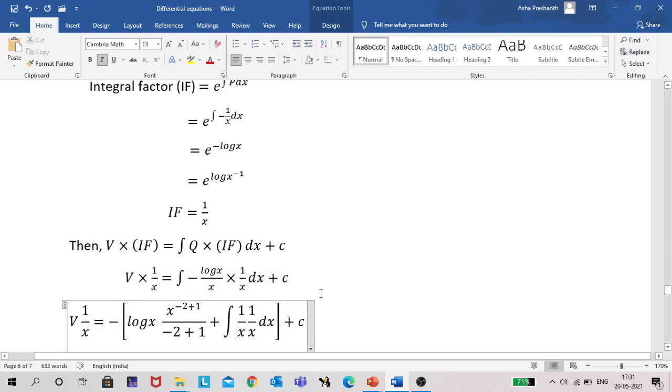So we know the formula, right? Integration by parts. So integration by parts is what?